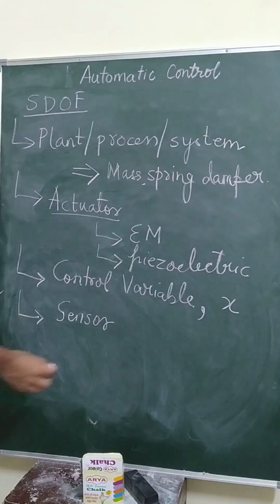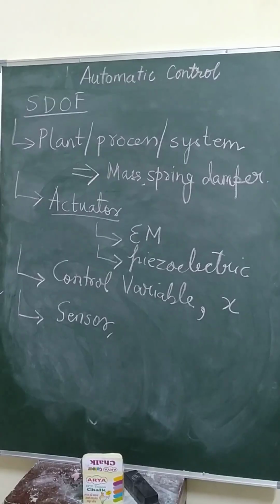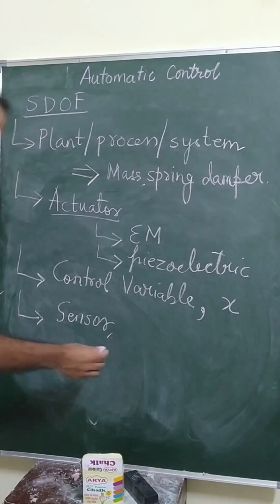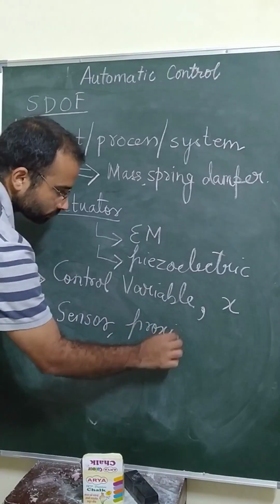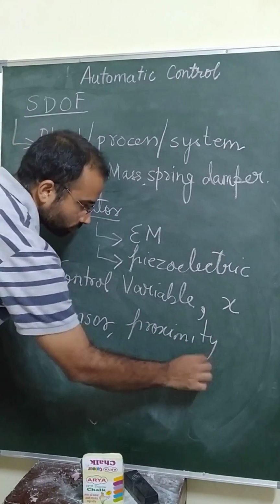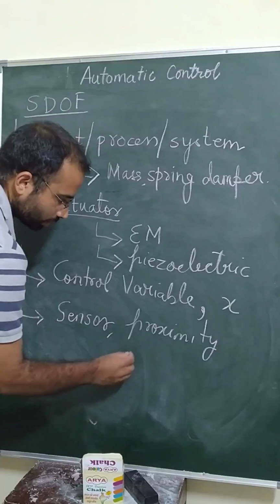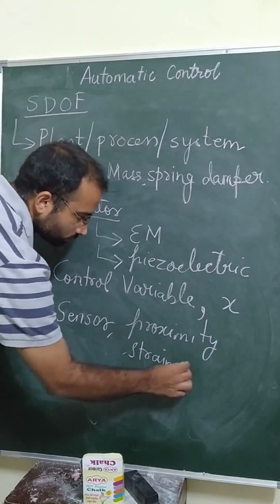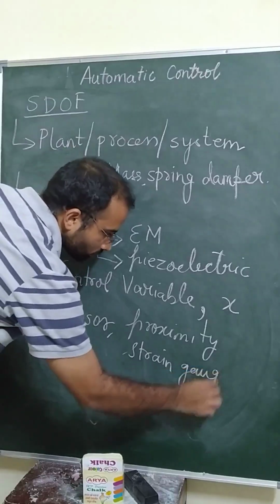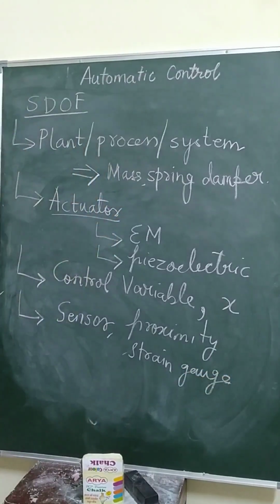And the sensor would be something which would sense the vibration of that mass, and that could be a proximity sensor, right? Or it could be a strain gauge, or it could be your accelerometer.